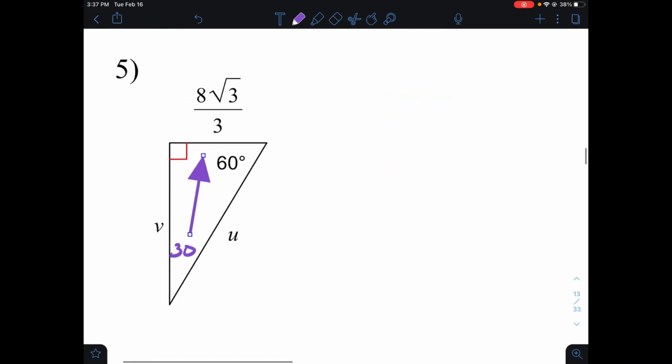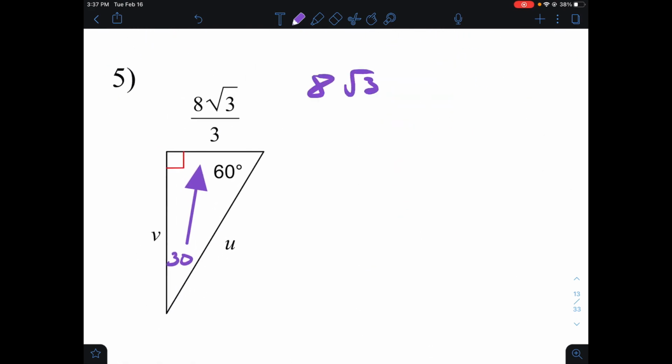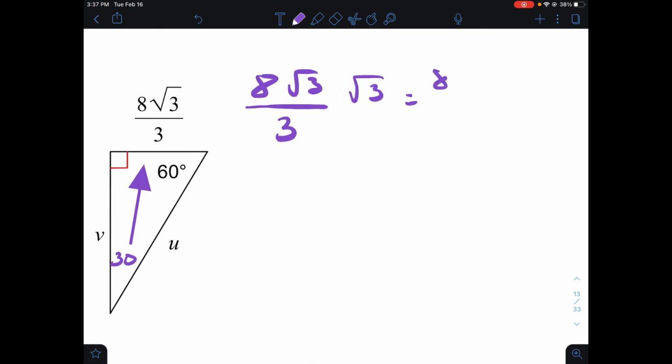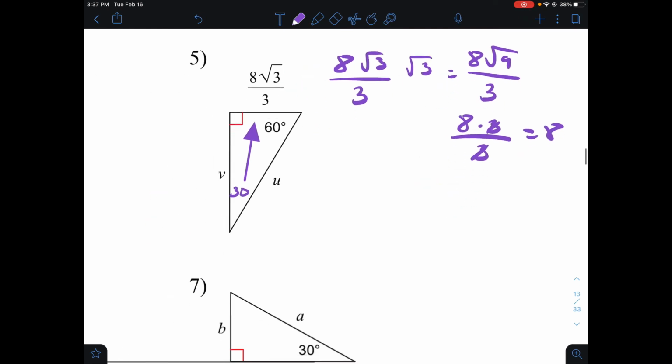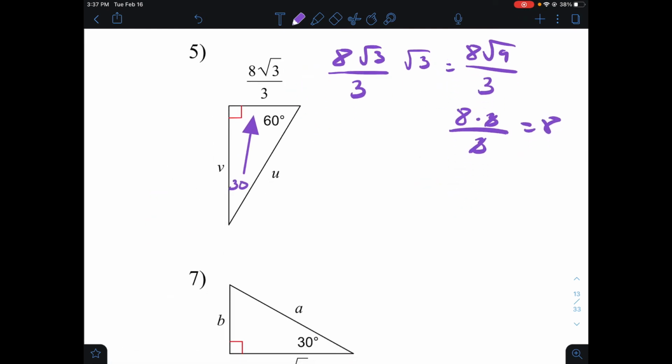So we take this and multiply by root 3. We get 8 root 3 over 3 times root 3, which gives us 8 root 9 over 3, which gives us 8 times 3 over 3, which gives us 8. So the side across from 60 is just going to be 8.